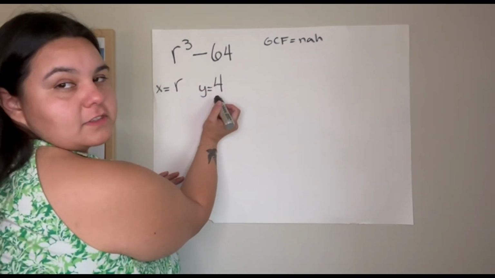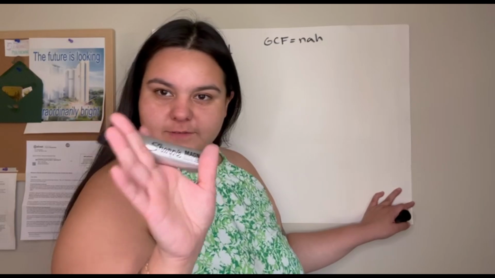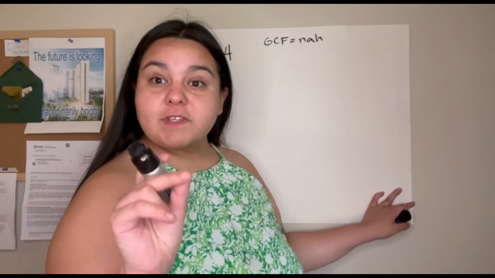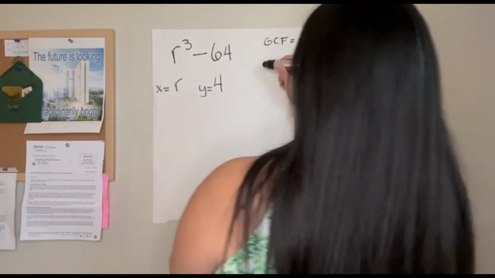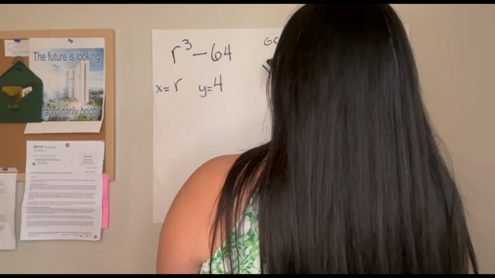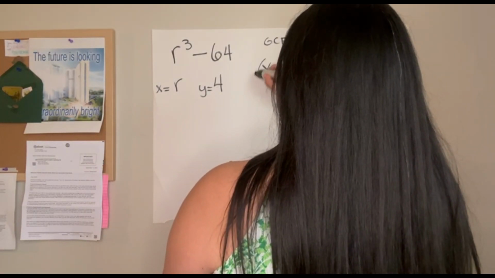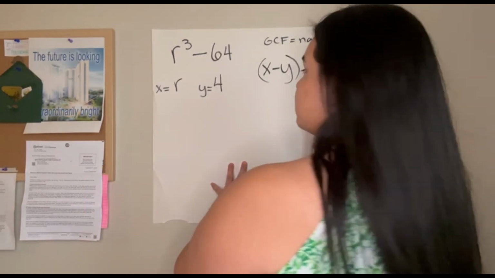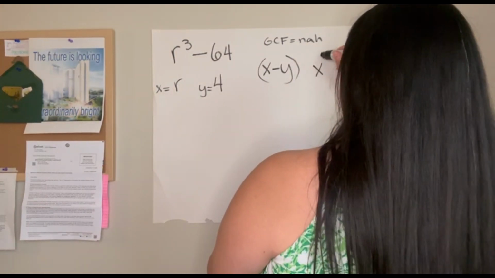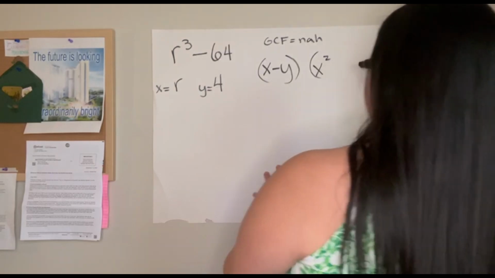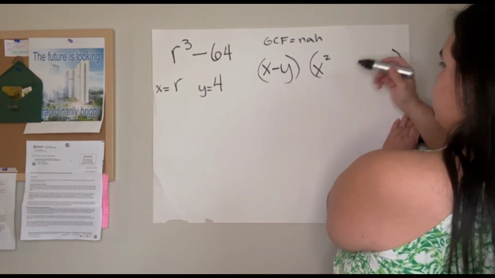That means we're doing that. Factoring the difference of two cubes looks like this. x minus y in parentheses. Then x gets squared inside of those parentheses. This over here is a trinomial.